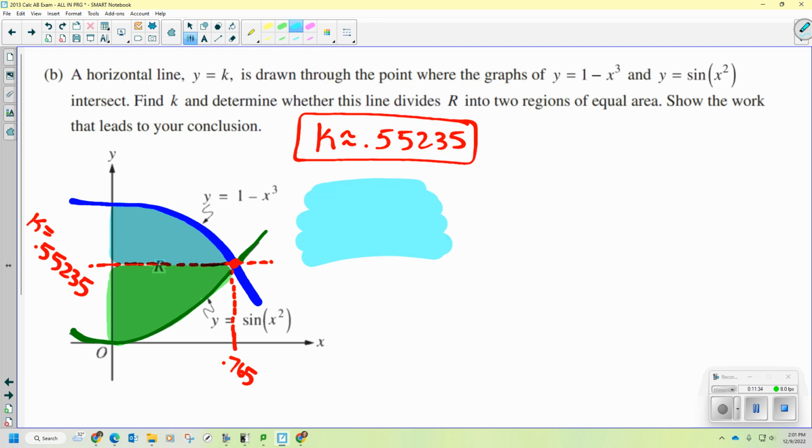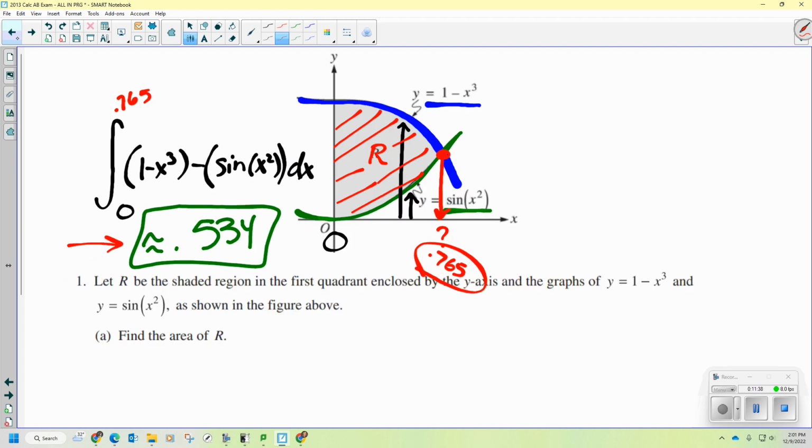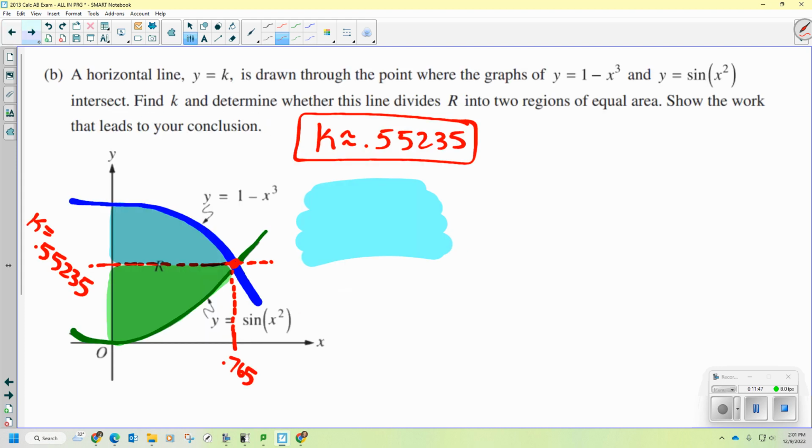I need to integrate just like I did for the first one. Remember, it was the area between the lines, and I erased this. It was the bigger function minus the smaller function. I'm going to do the same thing here, taking just this blue area. The bounds are still the same, from 0 to 0.765.